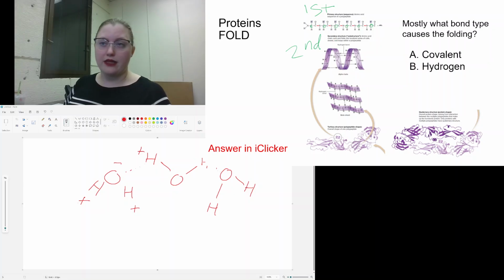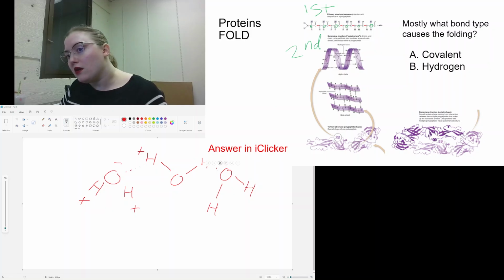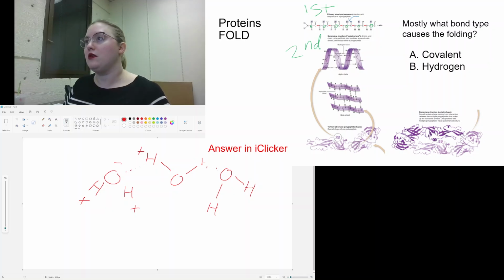what do we see on these amino acids? We see, let me get a different pen color. We see oxygen, right? And we see hydrogen. Now, what do we know about hydrogen and oxygen? Well, if you look at the little drawing underneath me, you remember the type of bond that forms between the oxygens in water and the hydrogens in water.